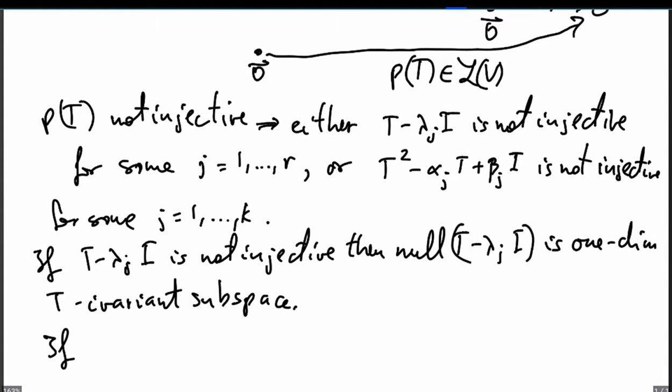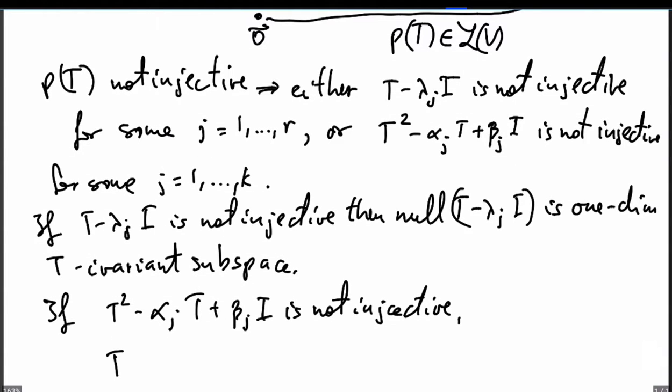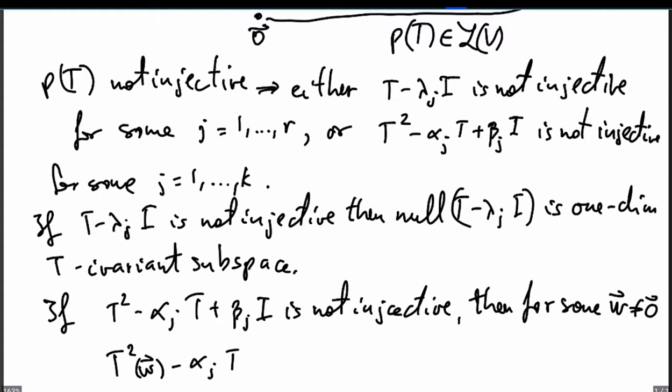Then if we have the other case, if t squared minus alpha j t plus beta j I is not injective, that means that for some w vector which is not 0, we get that t squared w minus alpha j t w plus beta j w equals the 0 vector. That's what being non-injective means.